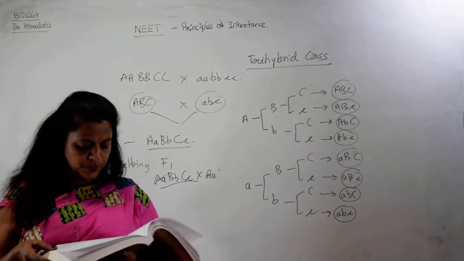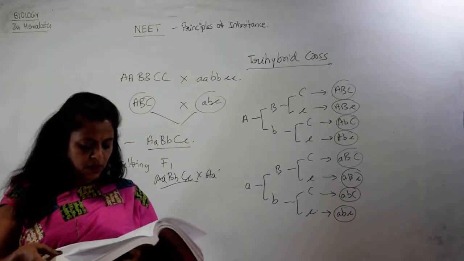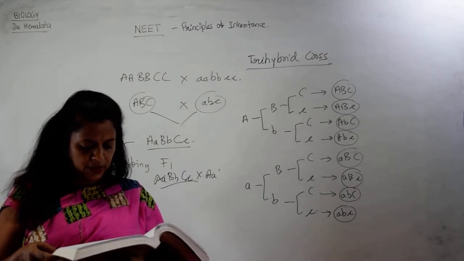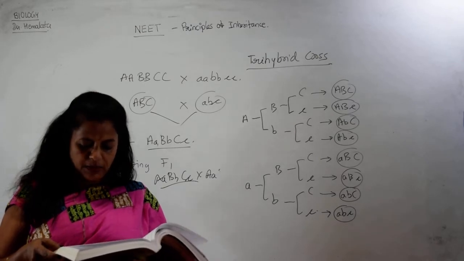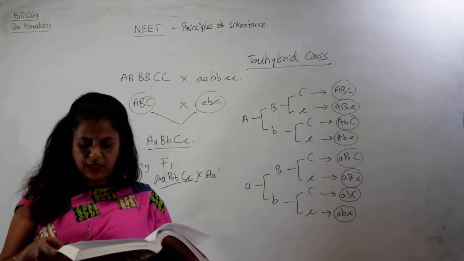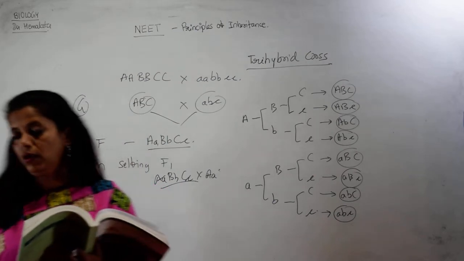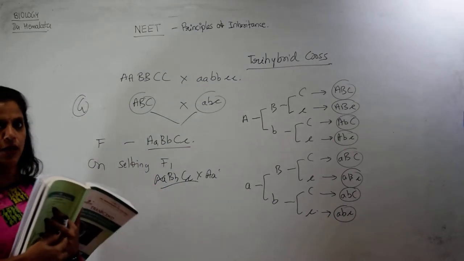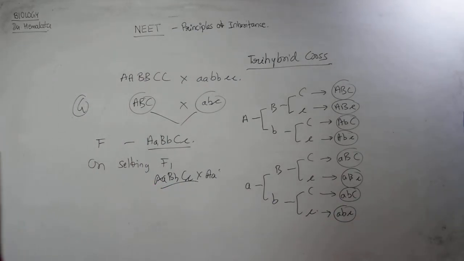Okay. Now, next, 49 question. Father of a child is colorblind and mother is carrier for the colorblindness. So, let us work out the cross. First you write this down. This you take it down because this will help you to write polyhybrid crosses.